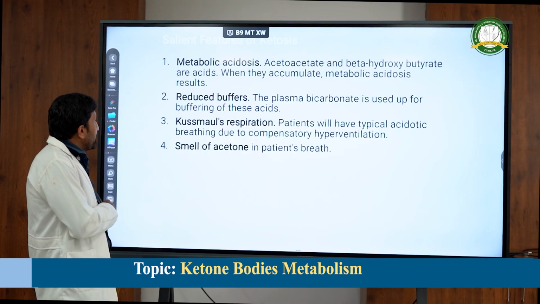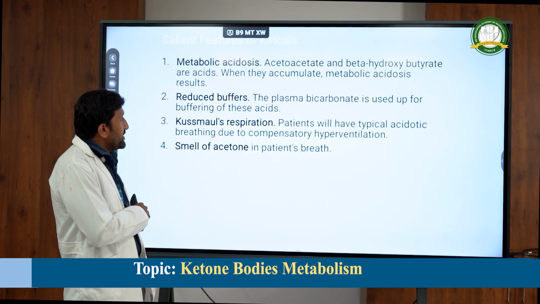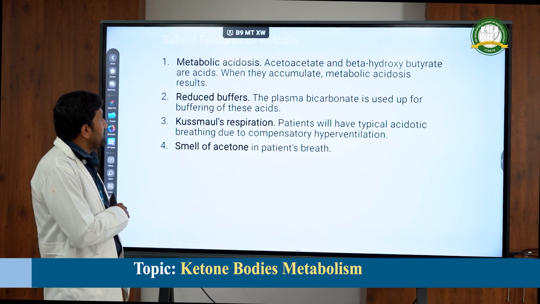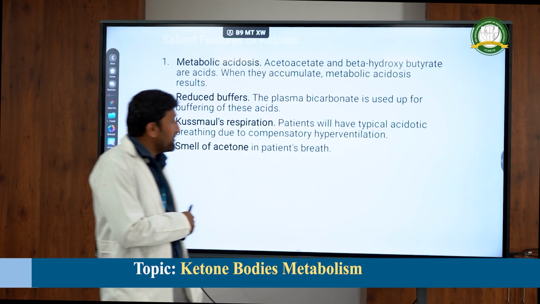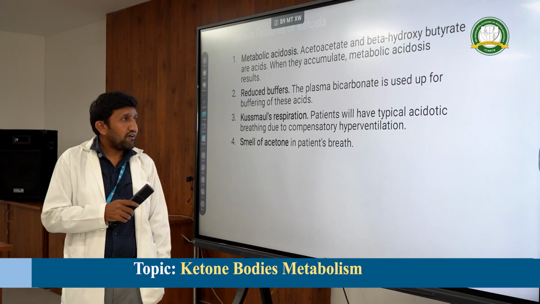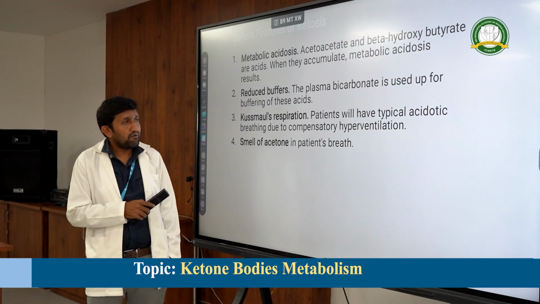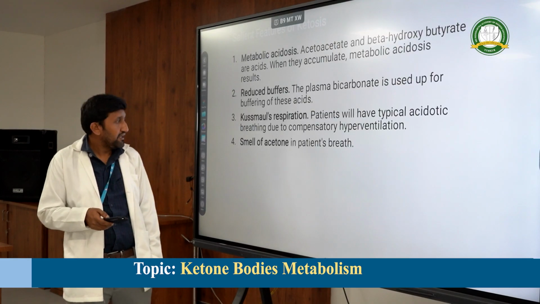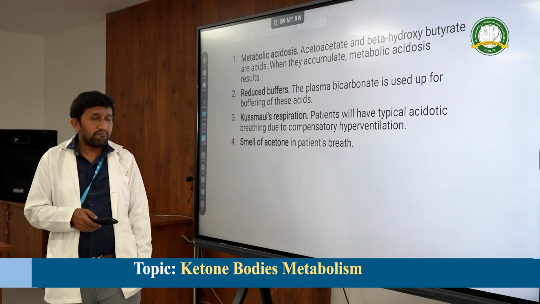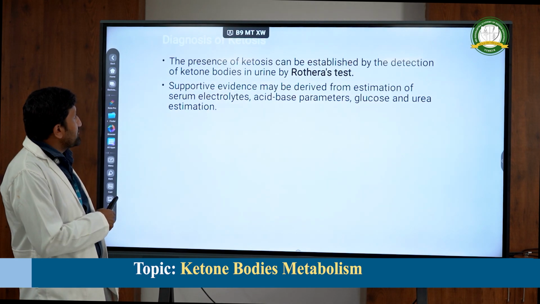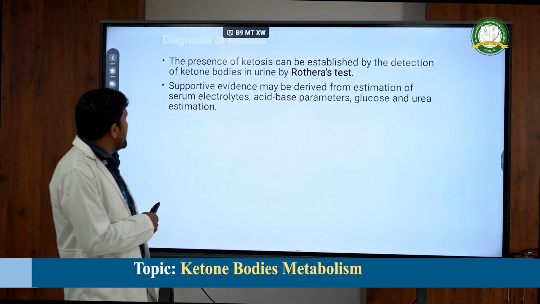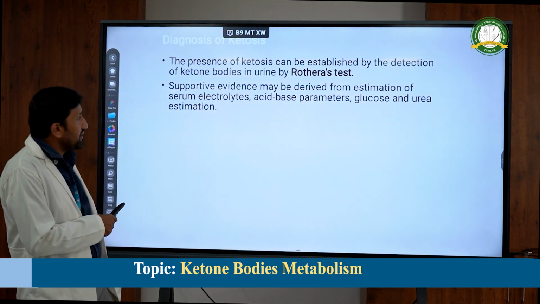And reduced buffer: the plasma bicarbonate is used for buffering of these acids. And Kussmaul respiration: patients have typically acidotic breathing due to compensatory hyperventilation, and we can see the smell of acetone in the patient's breath.